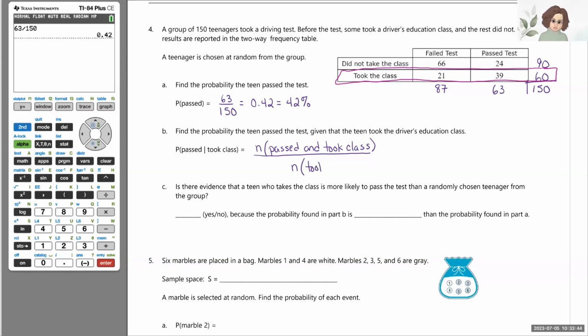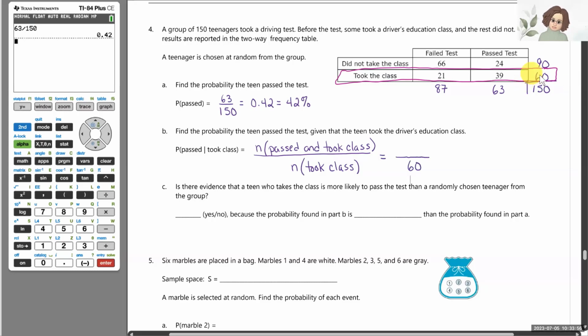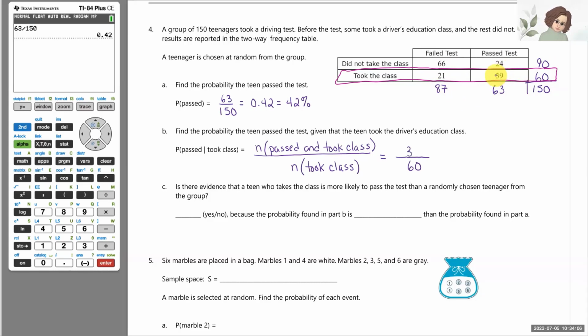We're looking just at those that took the class. Sometimes I like to do my denominator first. So we're only looking at 60 teens that took the class. And out of those 60, the number that also met the condition of passing the test were 39 of them. So 39 out of the 60.